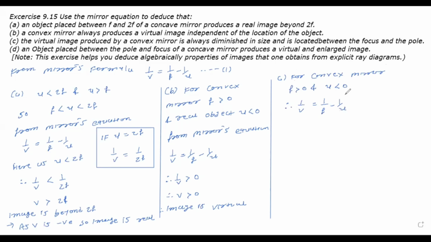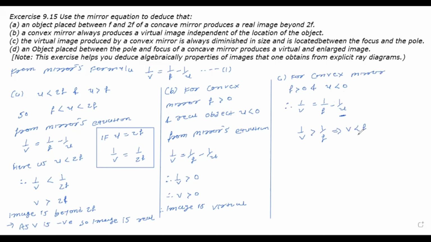In this term you can see that u itself is negative, so this term will be added to the first term. In short, we can say 1 over v is greater than what? 1 over f, because the second term will be added to the first. So 1 over v must be greater than 1 over f, and therefore I can say v is less than f.